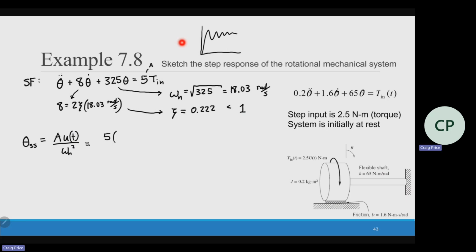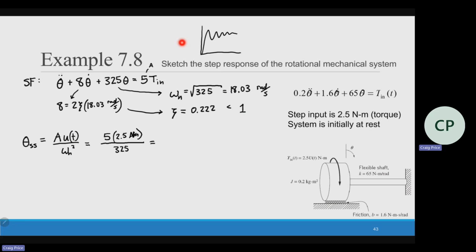It says we have a step input of 2.5 Newton meters. And over here we've got natural frequency squared, which is 325. This is going to give us an output in radians because it is rotational. So we're looking at theta steady state.